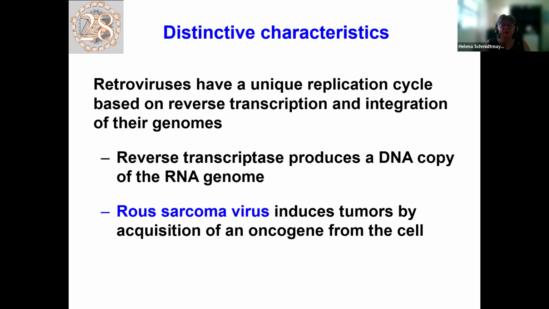Also, several of these oncoretroviruses, such as Rous sarcoma virus, trigger tumors because they acquire a cellular proto-oncogene. They mutate it and basically convert it into an oncogene. So whenever they infect target cells, they can trigger oncogenesis.